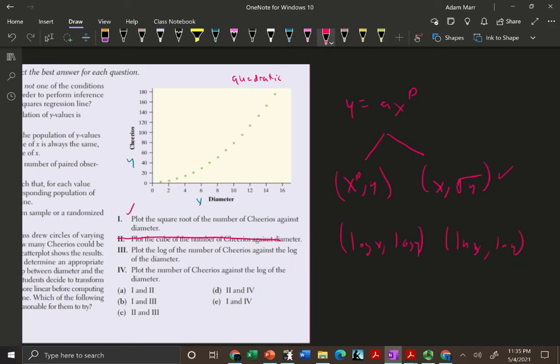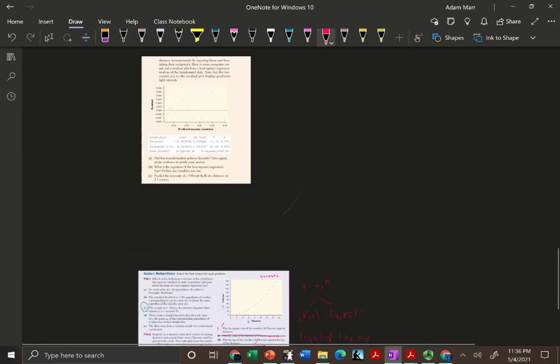No, that's possible, okay? Plot the number of Cheerios against the log of the diameter. No, that would not work. Remember, for exponential, it is x comma log of y, or else x comma ln of y. All right. So it would be 1 and 3.